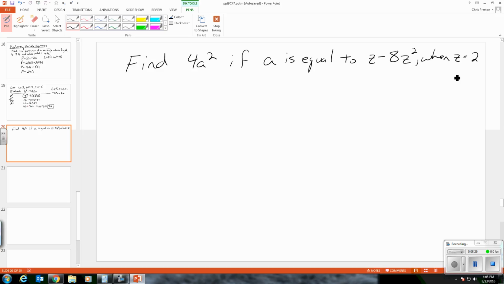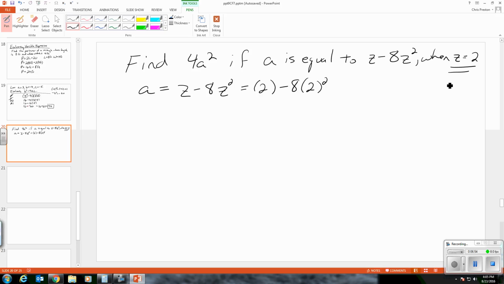Okay, so first thing we need to do is figure out what is a equal to. So we're told a equals z minus 8z squared. Okay, and then we're also told when z is 2. So we put 2 in for z, all of the z's, and then you're just going to work this out.